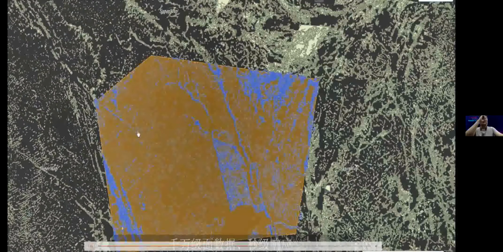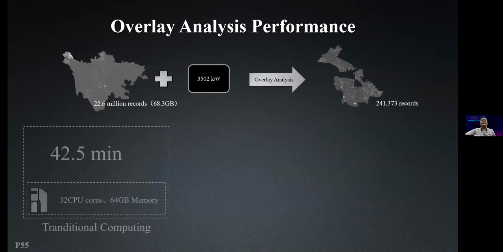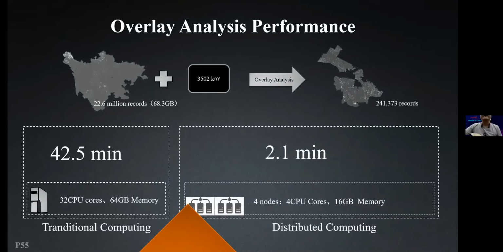Besides big data storage, we also have big data analysis operators. They are spatial big data and streaming data, classic GIS distributed construction, and distributed spatial machine learning. For example, this is one real case we did before.